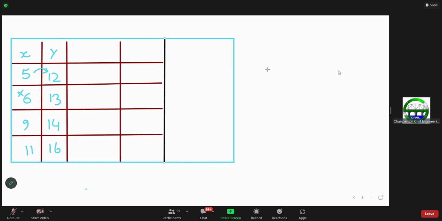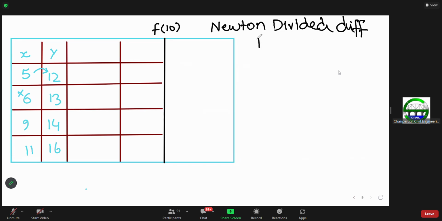Okay, so now we have another table. So again, the question is the same, but find f of 10 again. So what we're gonna do in the Newton divided difference method.